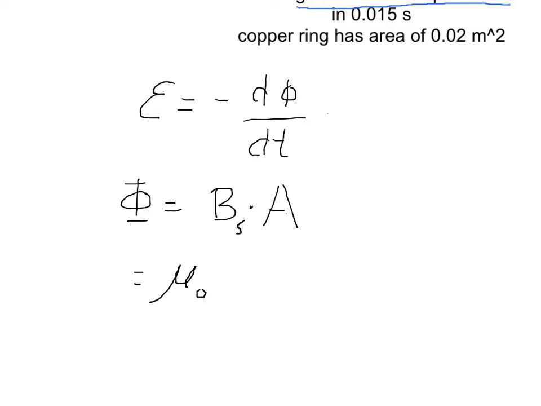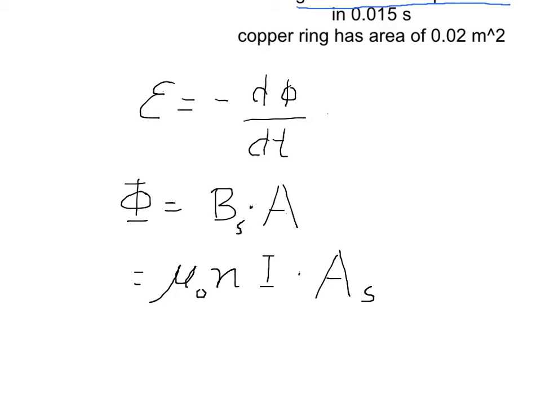Mu naught times the turns per length times the current. And of course it's the current there that's going to be changing, and so that'll become an important part of our time derivative. And then what's the area? Well, this is the area of the solenoid. I just emphasized it's not the area of that copper ring.